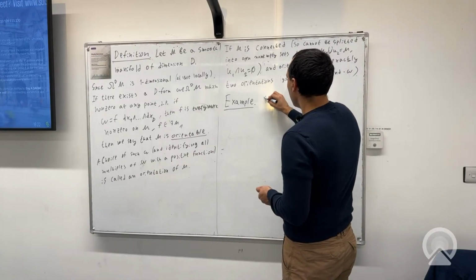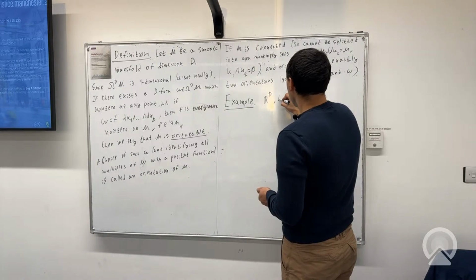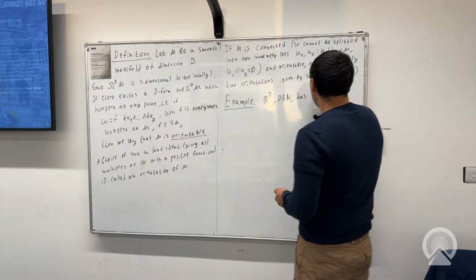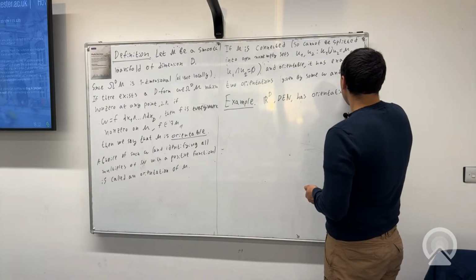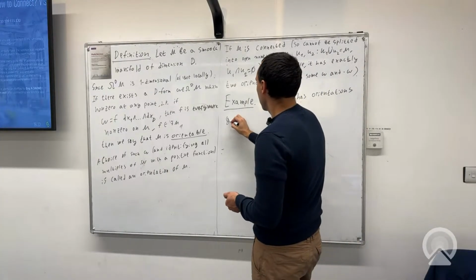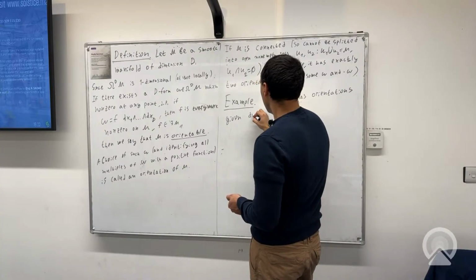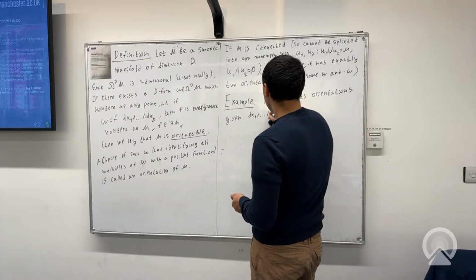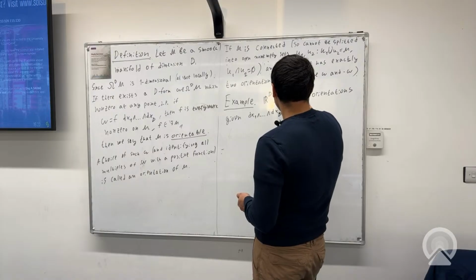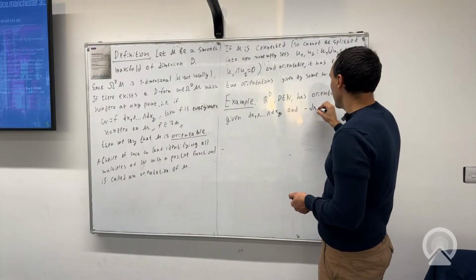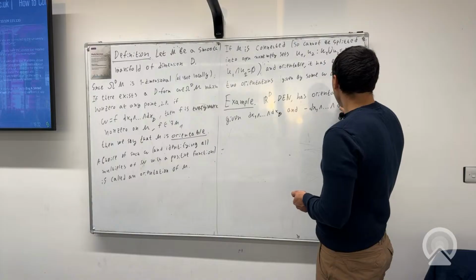So Rn, Rd, has orientations given by dx1 wedge to dxd and minus dx1 wedge dxd.